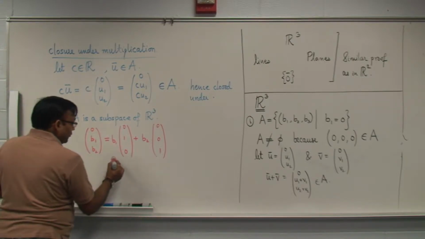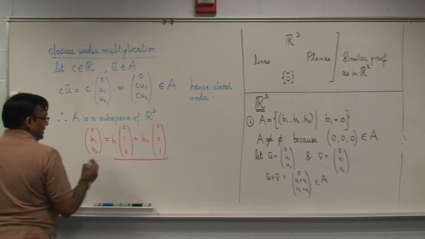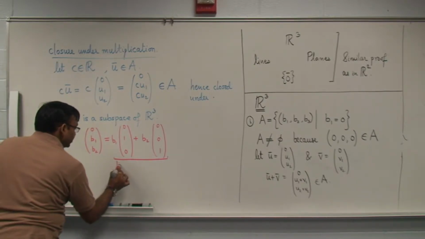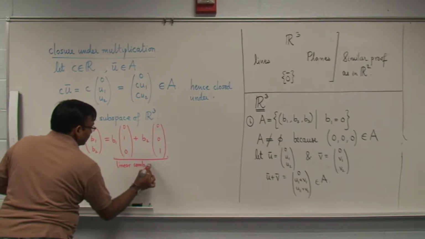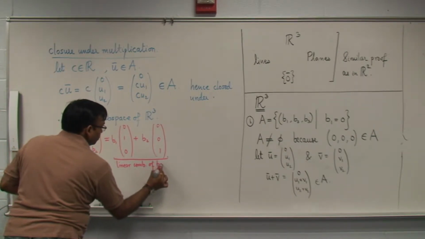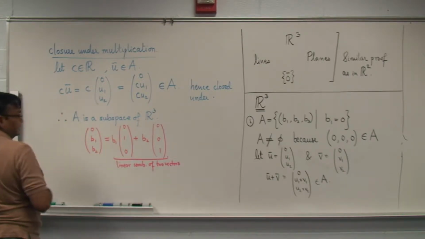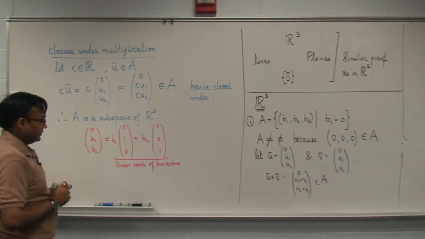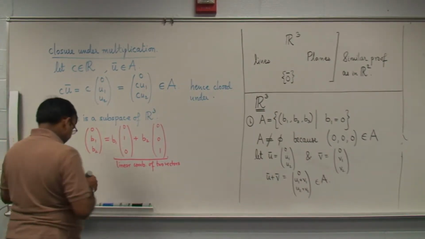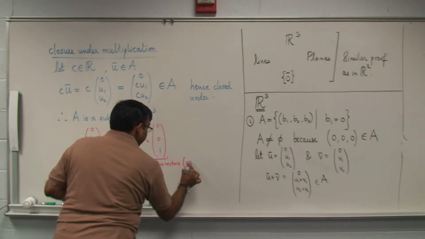Now, if we focus on this particular expression, isn't this a linear combination of 2 vectors? So it is a linear combination of 2 vectors. In fact, if you notice a little more, these vectors are (0, 1, 0) and (0, 0, 1). They're not multiples of each other. So, in fact, I can also say that these vectors are independent.